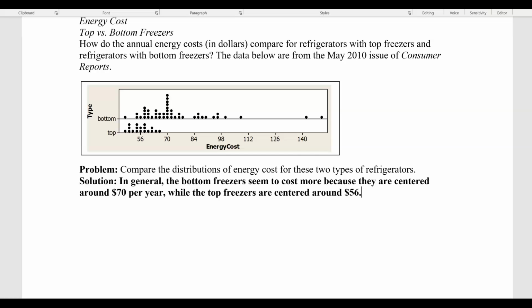So think about what I said there. I'm being really very specific. I'm comparing them and saying the one seems to cost a little bit more, right?